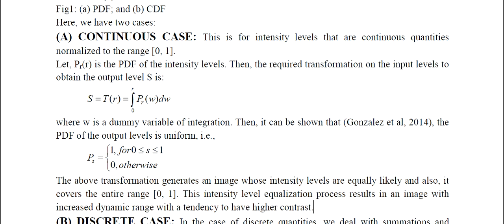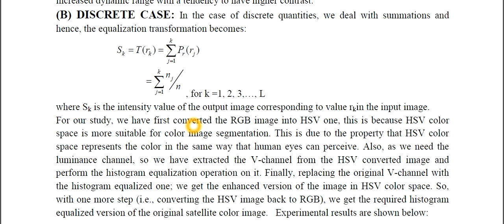Do remember these equations and note down their significance. Then we have the discrete case, where we deal with summations, and the equalization transformation becomes s_k equals T(r_k), the sum for j from 1 to k of p_r(r_j), that is n_j divided by n, for k from 1 to L. Here s_k is the intensity value of the output image corresponding to value r_k in the input image.